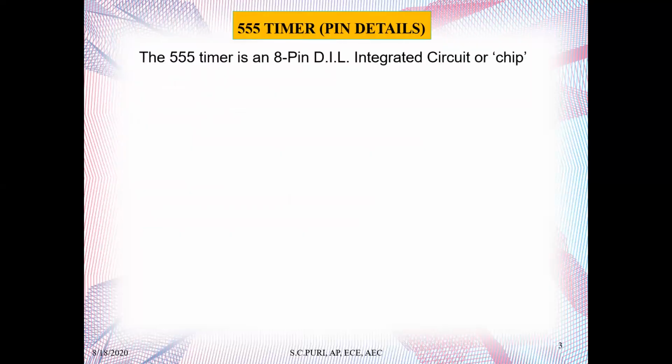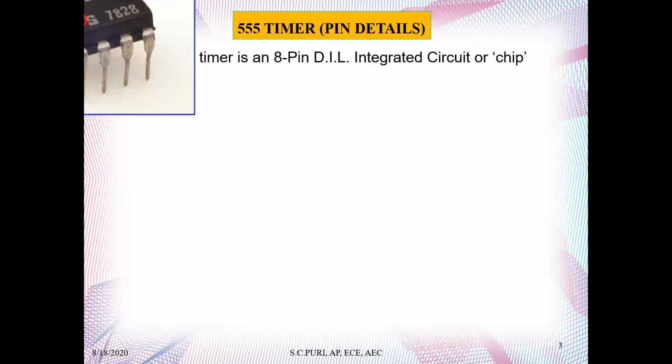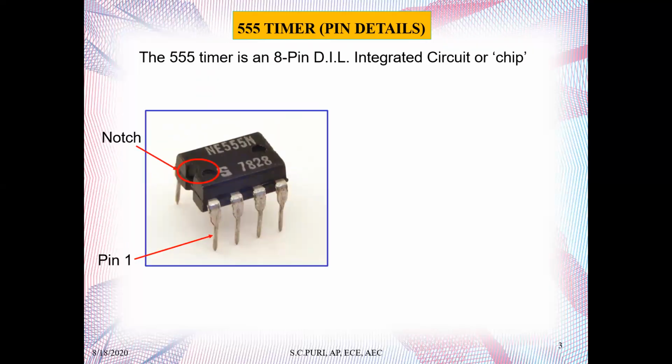Now let us discuss the pin details. The 555 timer is an 8-pin dual inline integrated circuit or chip. Now you can see here, this is a 555 timer. You just have to keep in mind that while doing lab work or while trying to identify the pins, you see the notch.